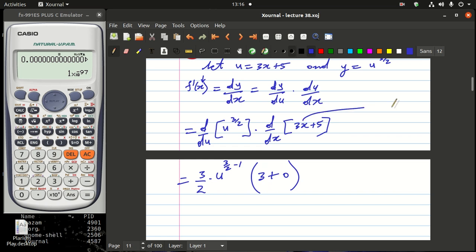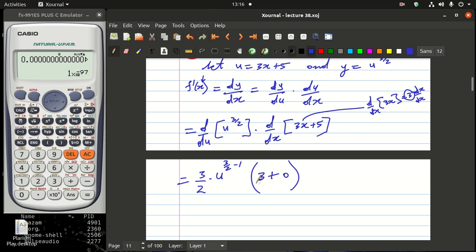If you're still wondering what is going on here, to find d/dx of 3x, you pull 3 out, and then you find d/dx of just x. So dx of x is just a 1. That is why you end up having a 3. Okay.